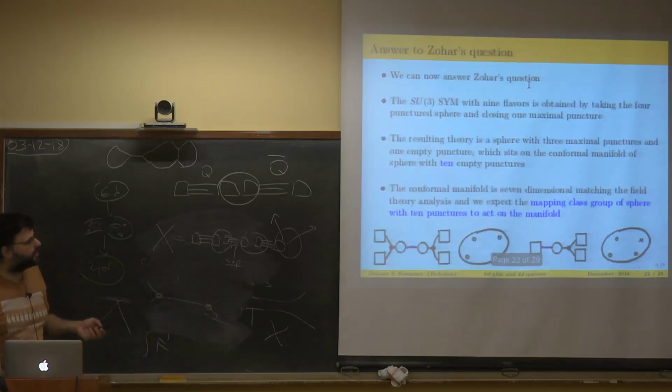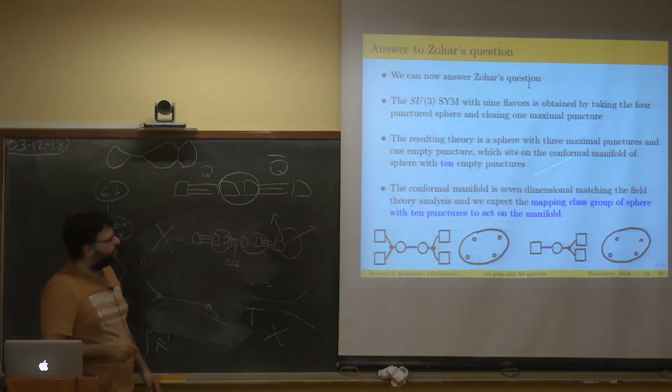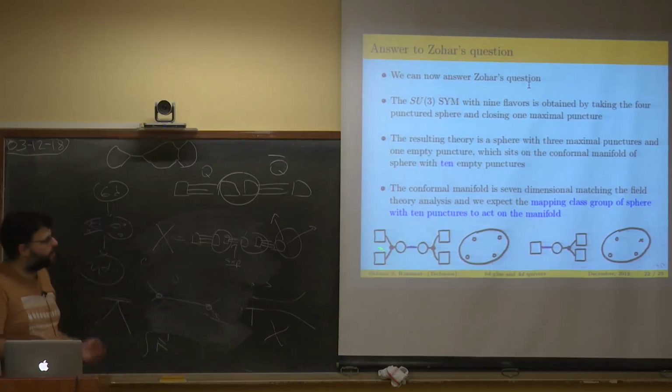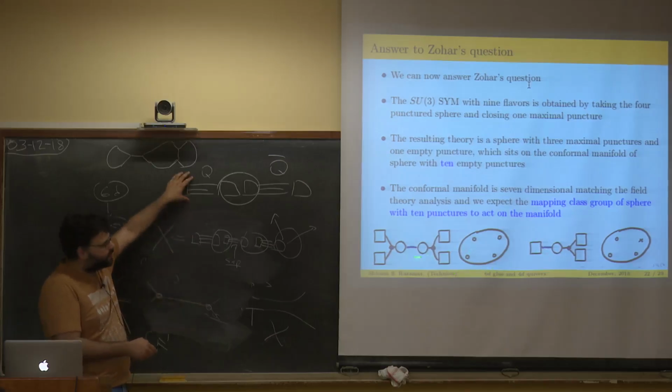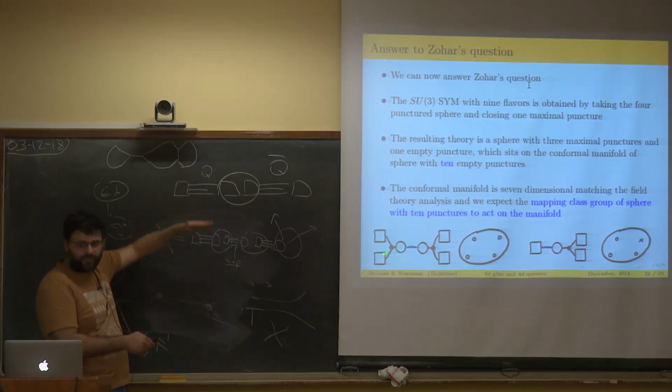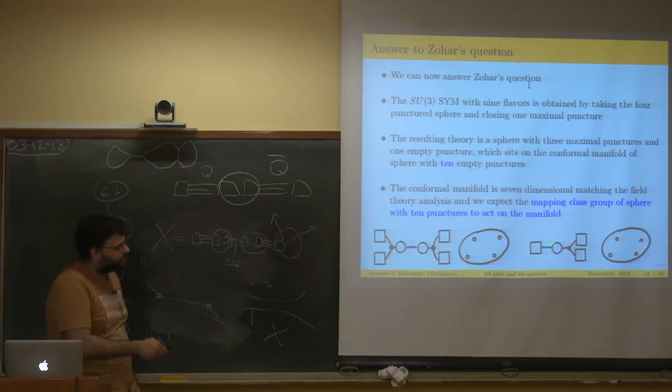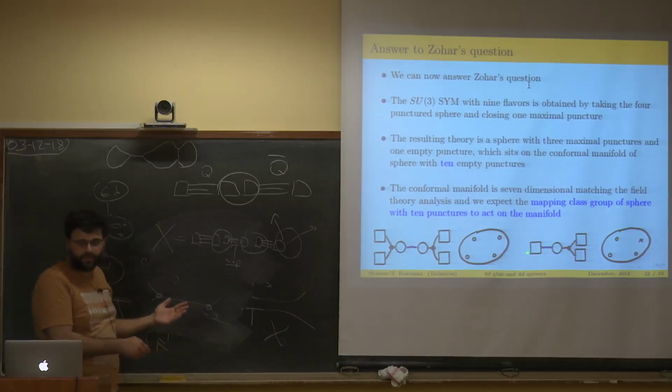Okay, so now what are these theories? For example, we can start with our 4-puncture sphere and close one of the maximal punctures to an empty puncture just by giving a vev. These are completely Lagrangian theories, so we can analyze what happens when we give a vev. Giving the vevs which close to an empty puncture Higgses one of the SU3s that we have, because we turn on some vev, and we are left with just one gauging and 2 trifundamentals with some particular superpotential.